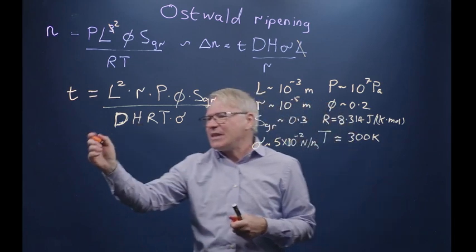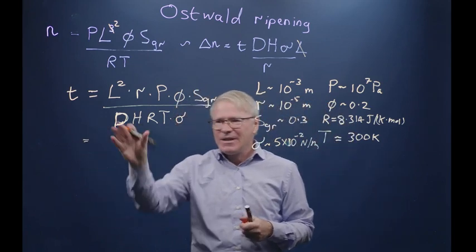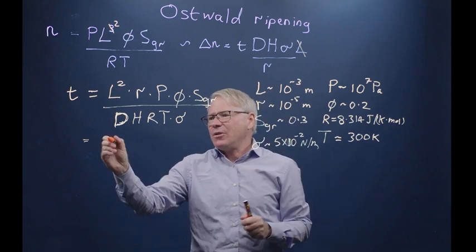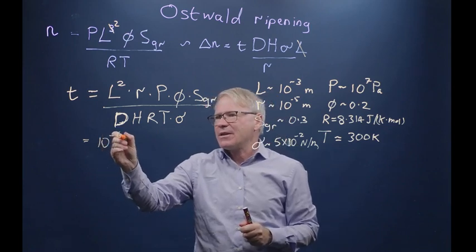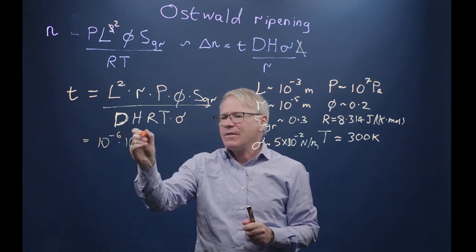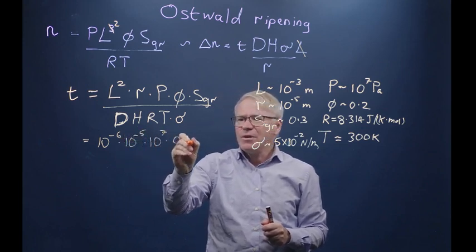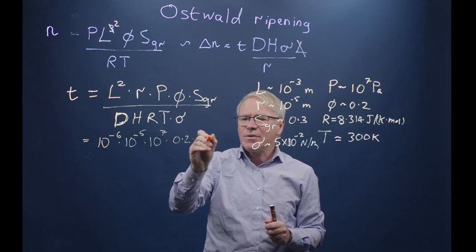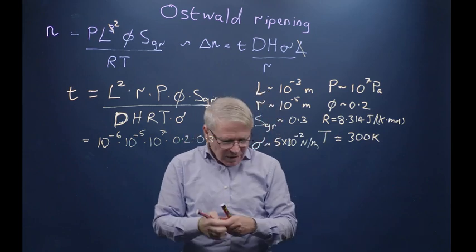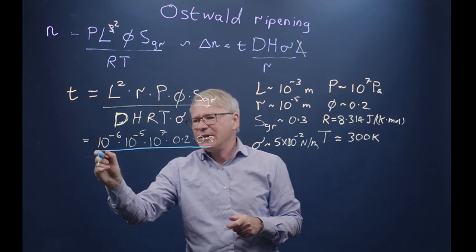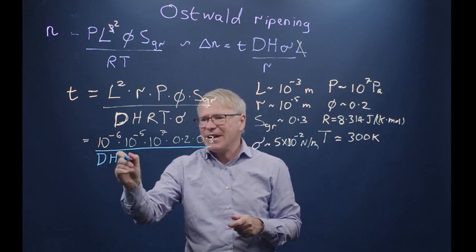Okay, so let's put these numbers in. And D and H are going to come in a little bit. Okay, so L squared 10 to the minus 6, R 10 to the minus 5, P 10 to the plus 7, 0.2, SGR 0.3. Now let's look at the terms in the denominator. D, H we're leaving out.